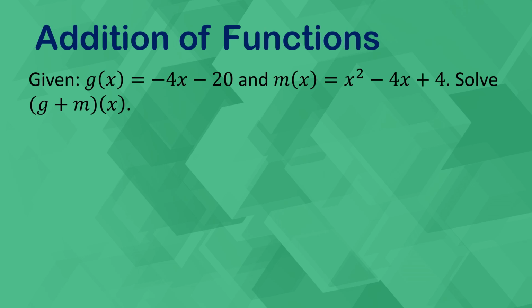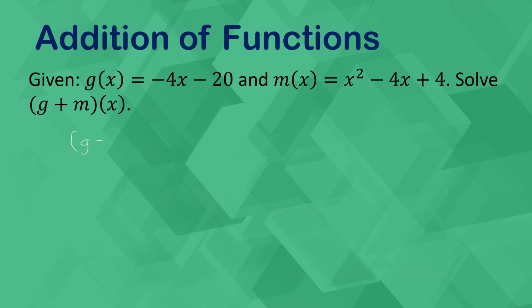So we have here the second example of the two functions g and m. g of x is equal to negative 4x minus 20, and m of x is equal to x squared minus 4x plus 4. So we are solving for the sum of the two functions g and m.